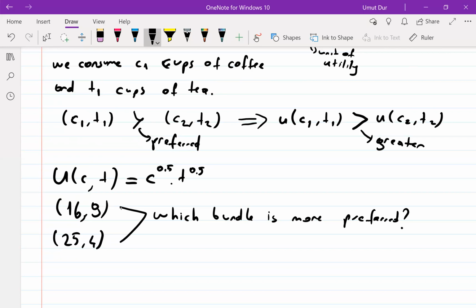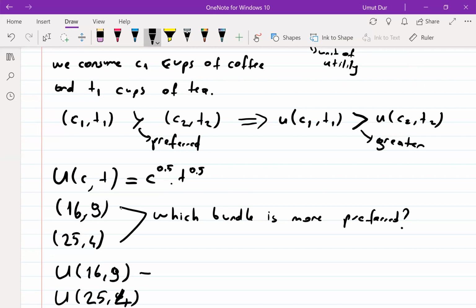Okay, let's try to do it all together. Why the first one and why the second one? What I need to do is find the value of the utility that I am getting from the first bundle and the value from the second bundle.